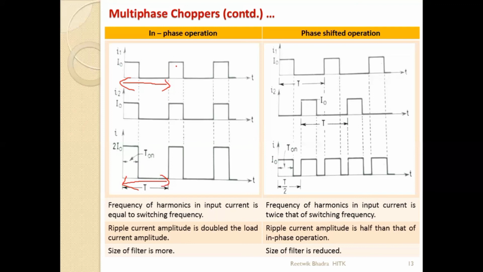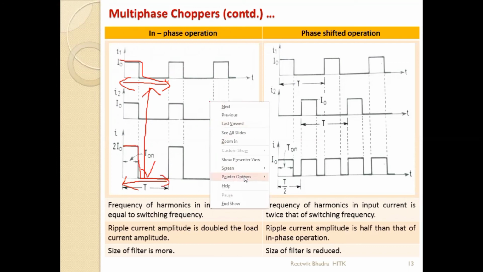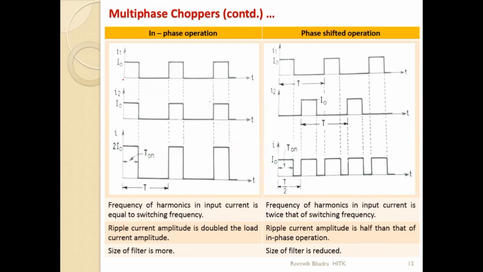This is my switching frequency, how my switch is on and off. Both have the same switching frequency, because in one complete cycle over here, this harmonic current also completes one cycle. Up to this, one complete cycle is obtained.